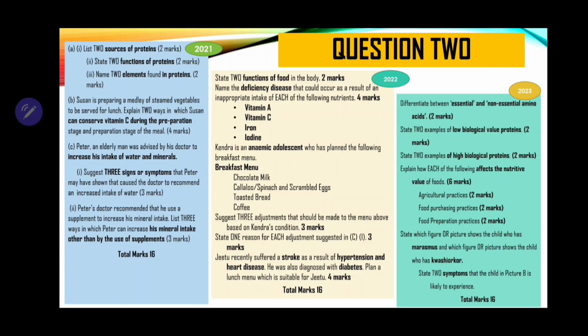Now she's also an adolescent, and based on her name, we're assuming that she is a female. So what will happen to Kendra monthly during her menstrual cycle? She will lose blood, plus she's already anemic, right? So this question, based on the menu here, you have to look at if there are any inhibitors there that may prevent the iron from being absorbed from the spinach and the kalaloo.